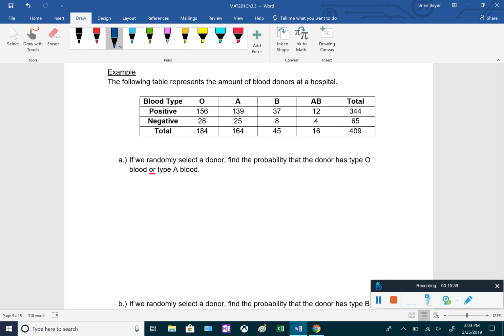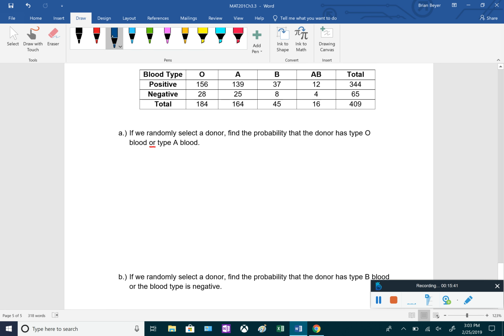So this is going to be the addition rule. We're looking for the probability that it's type O or type A, which is going to equal the probability that it's O plus the probability that it's A minus the probability that they're type O and type A. So type O, where's type O at?